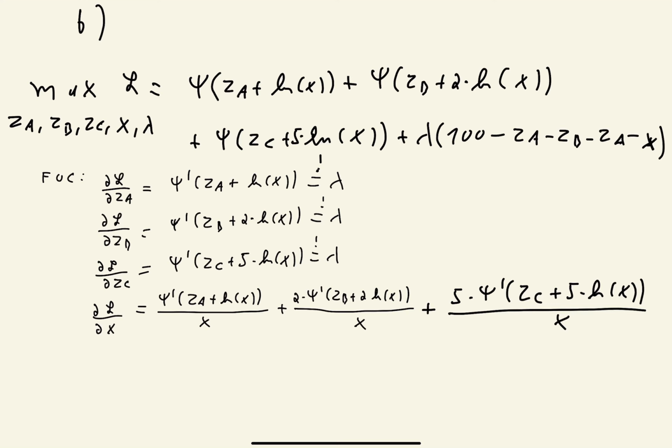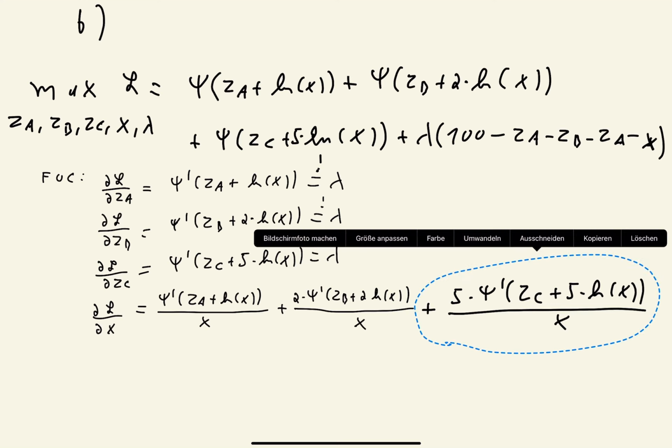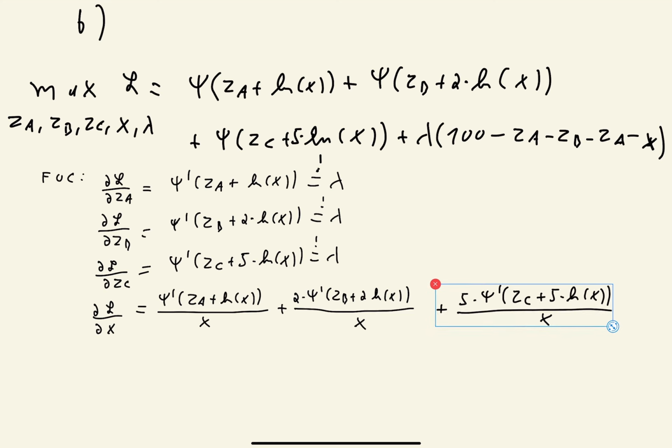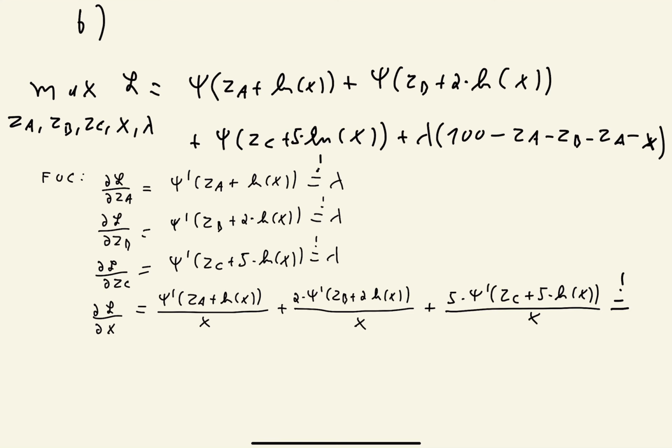This should be, here, let me also make this a little bit smaller here. And this should be equal to lambda. Finally, if we take the derivative with respect to lambda, we get that the budget constraint must be fulfilled with equality.